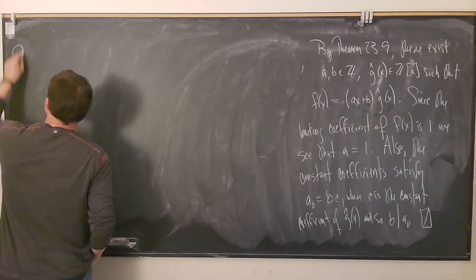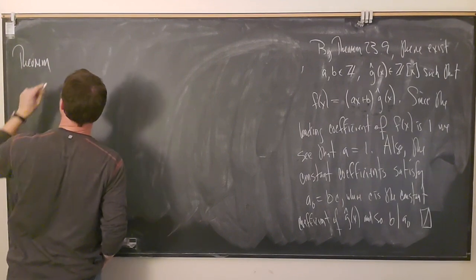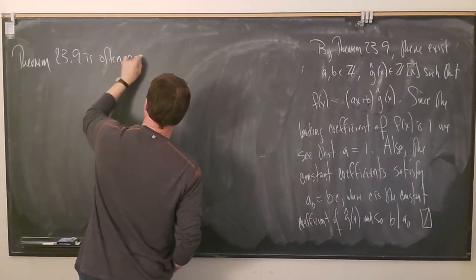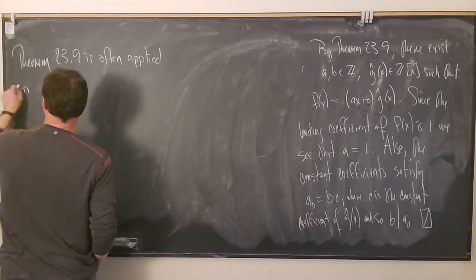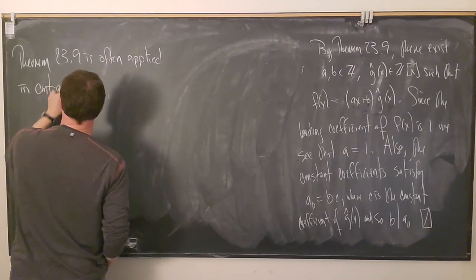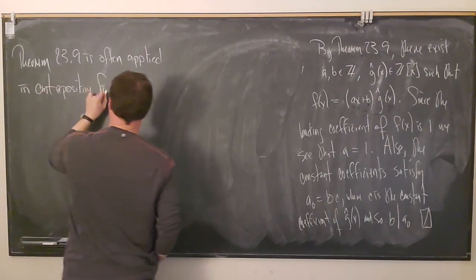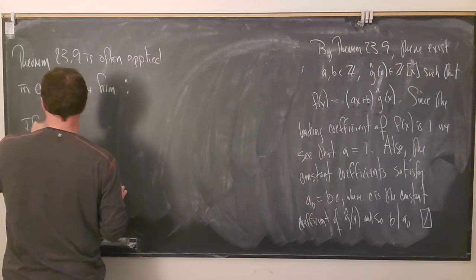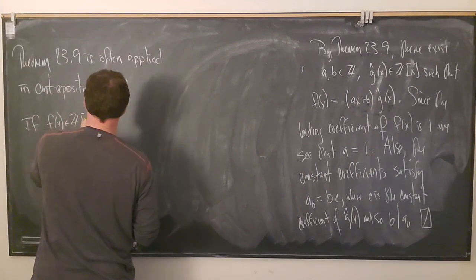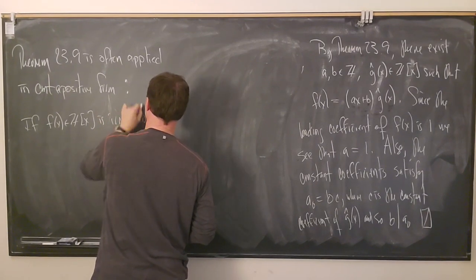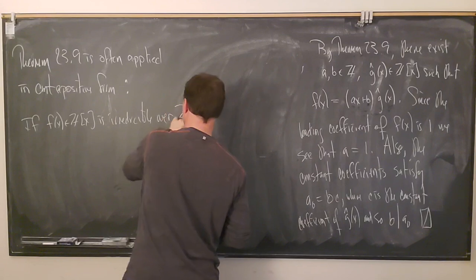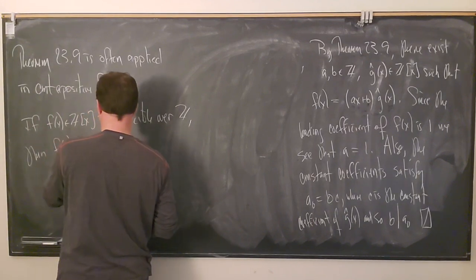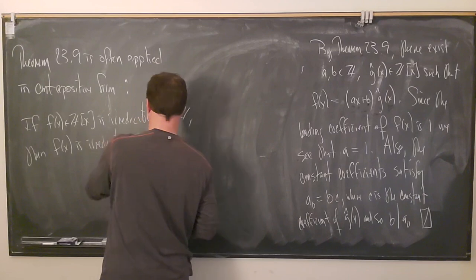But typically, Theorem 23.9 is often applied in contrapositive form, which means this: if f of x in Z[x] is irreducible over Z, then f of x is irreducible over Q.